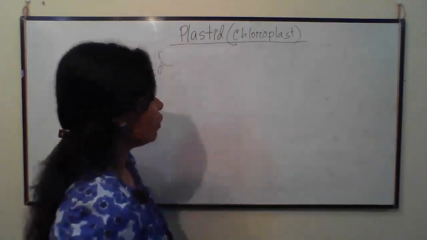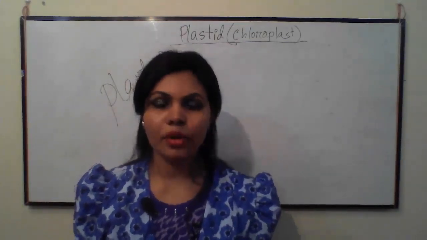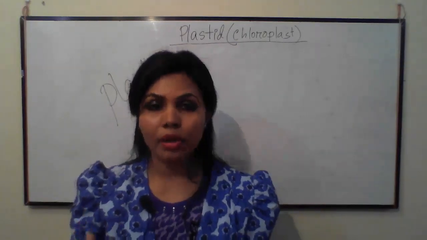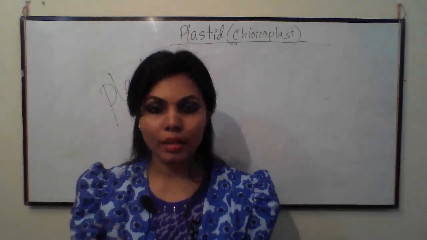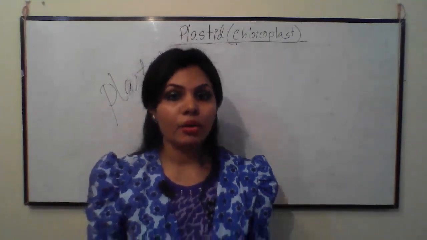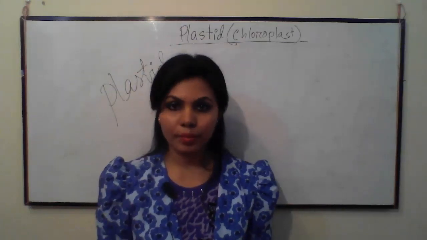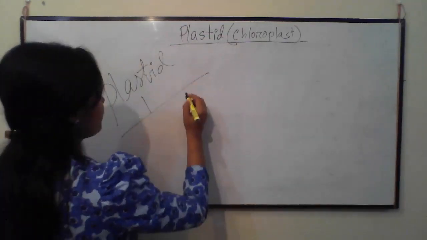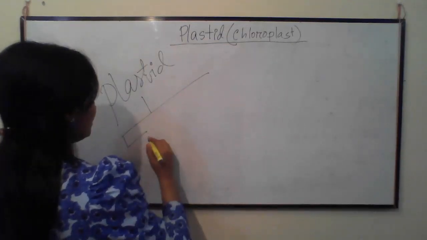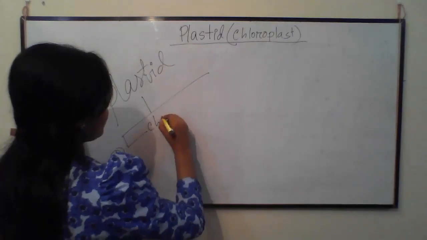Okay, now, based on the presence or absence of pigment or color, plastids are usually divided into three categories. Number one, chloroplast.